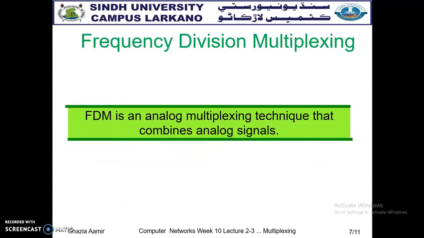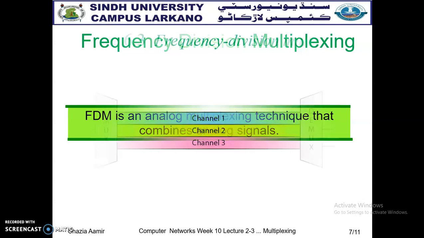What is the frequency multiplexing technique? FDM, or frequency division multiplexing, is an analog multiplexing technique that combines analog signals. It means it combines only analog signals. As you know, analog signals are always in a continuous form, so FDM uses analog signals for the transmission.